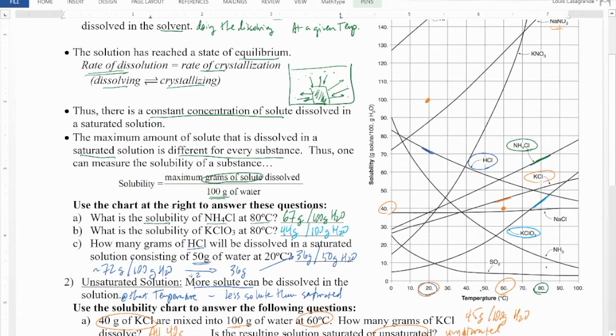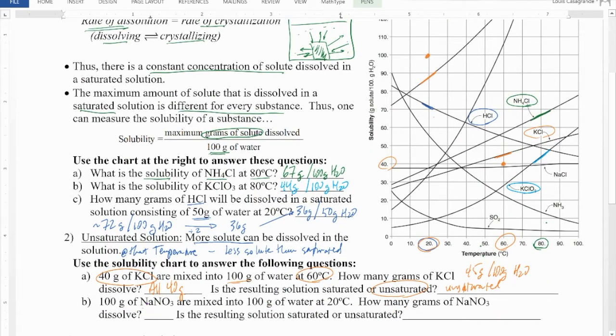Now you can see that we're above the curve. There's the sodium nitrate curve. And what this is telling us is that since the saturation limit is 87 grams per 100 grams of water, and we have more than that, only 87 out of the 100 grams is going to dissolve.